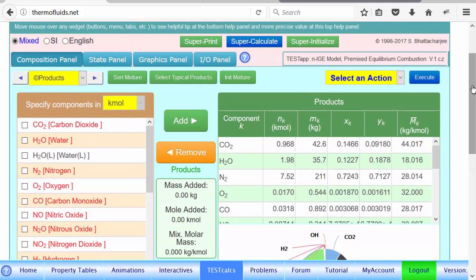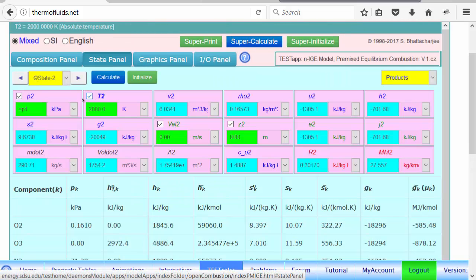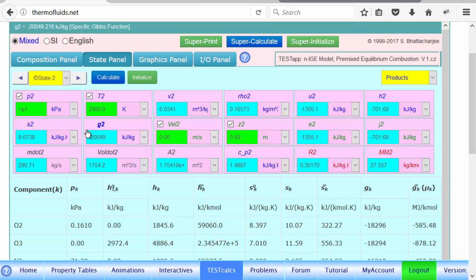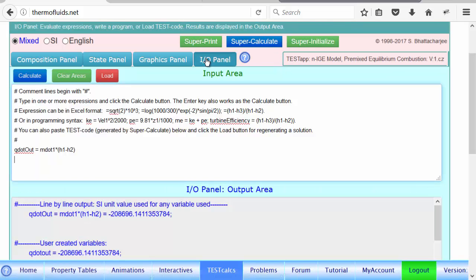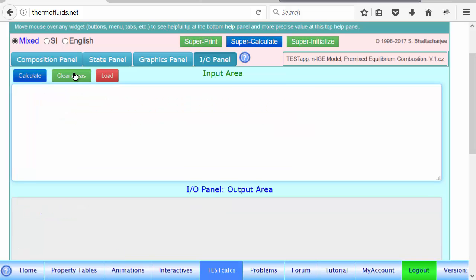Now, the 2000 Kelvin that we assumed as the exit temperature, is that the adiabatic equilibrium flame temperature? To figure that out, let's go to the I/O panel and calculate Q dot in, as the amount of heat going in would be m dot 1 star (H2 minus H1).